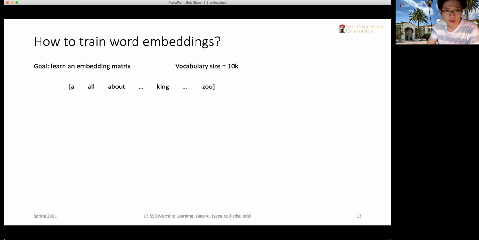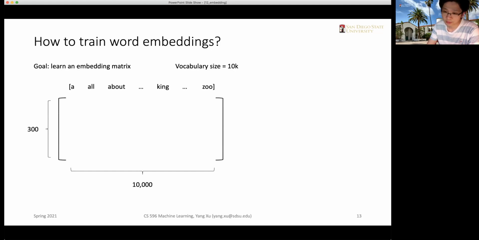Okay, if we list those 10,000 words, and each word corresponds to a 300-dimensional vector, then in total the matrix that we want to train contains 300 times 10,000 parameters. Okay, so that is the total number of parameters that we need to train, which is a very large value.